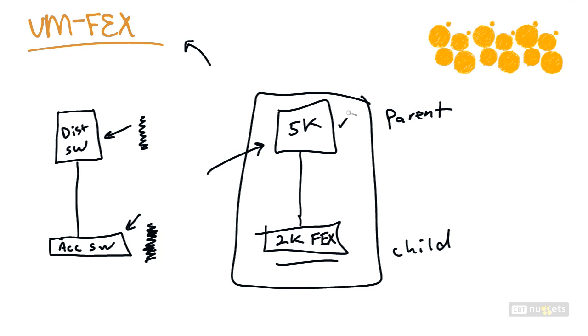At its heart, that's what we're talking about with FEX technology, right? Reducing the management that we have to do from the old world to the new world. Now, do you remember what the technology Cisco invented for this to work, for these two to communicate, and for the 5K to know about a port on that 2K that it's responsible for?